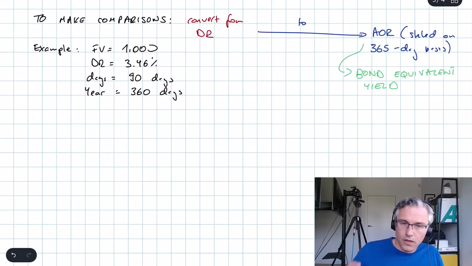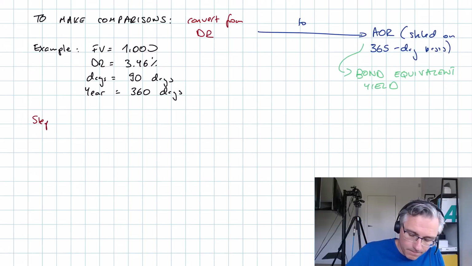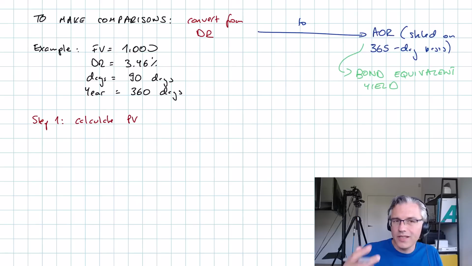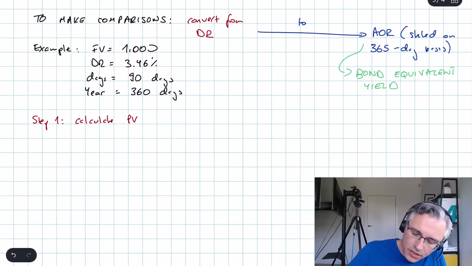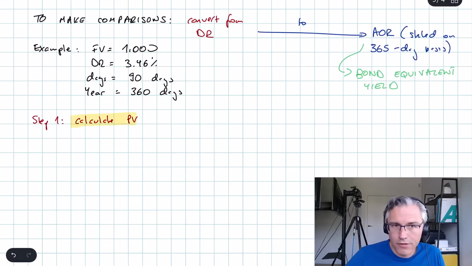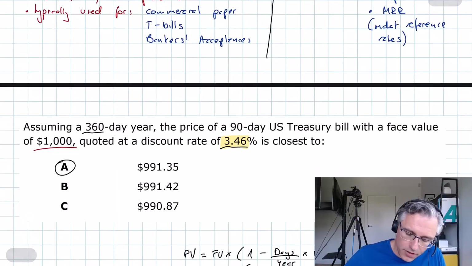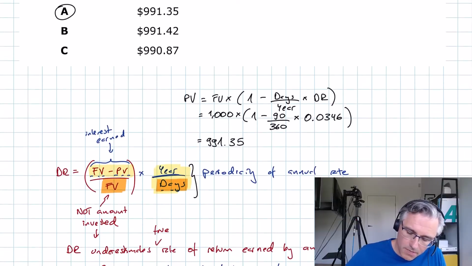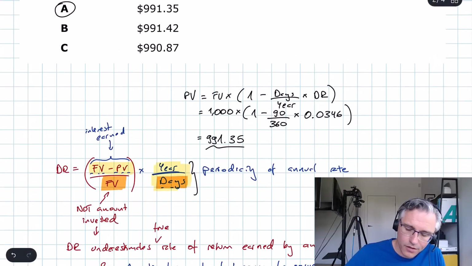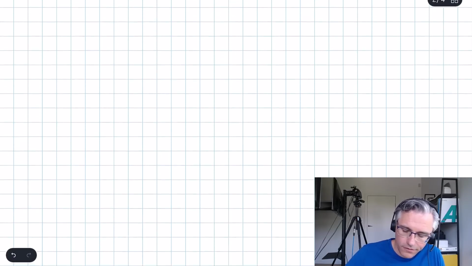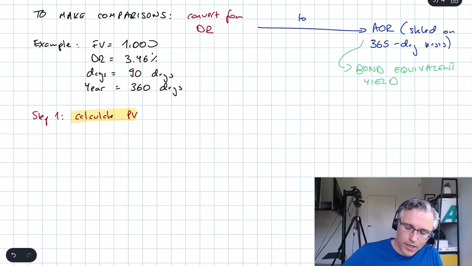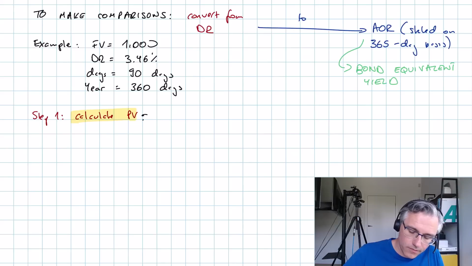Now, what you need to do first, step one, is calculate the PV, but using our classic DR conventions. Now, I know we've already done it because we've solved the question. The PV over here came in at 991.35. I'm just going to do it again to show you the full process.